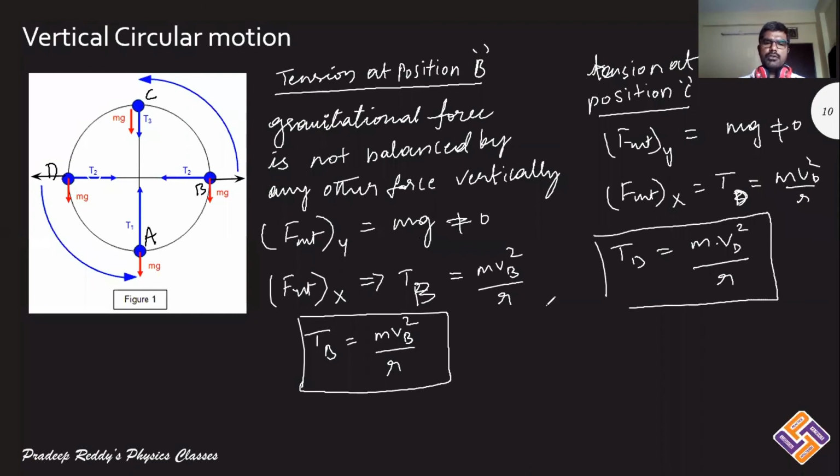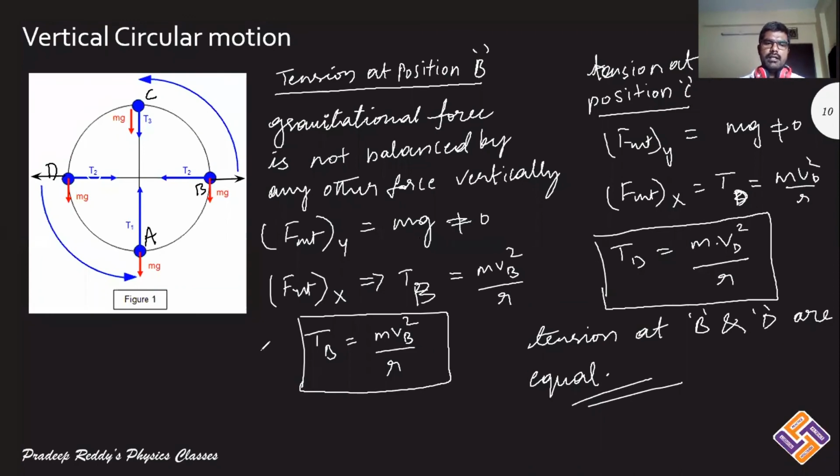So clearly, what's your observation? Tension at B and D are equal. Tension at B and tension at D are equal in vertical circular motion. So along the horizontal line, their tensions are equal.